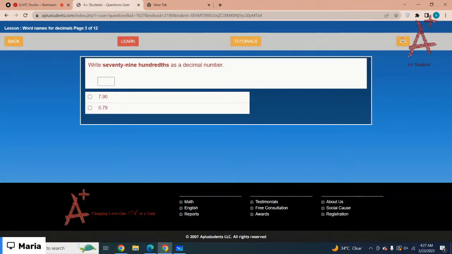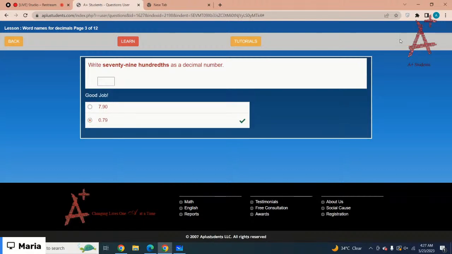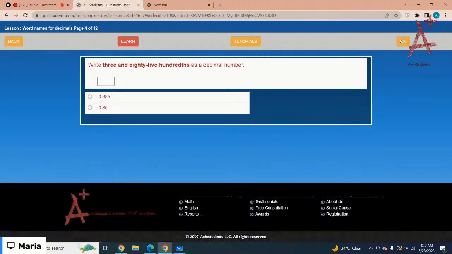Okay, 79 hundredths. Now you are just given 79 hundredths. You don't have any digit, that means you don't have any number right before the decimal. It would be just 0.79. Right? 3 and 85 hundredths. So which is the correct option?